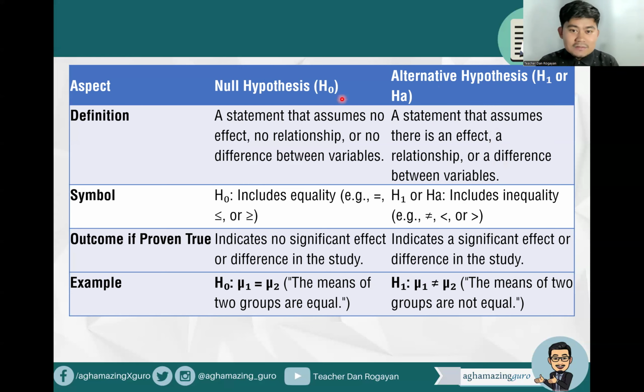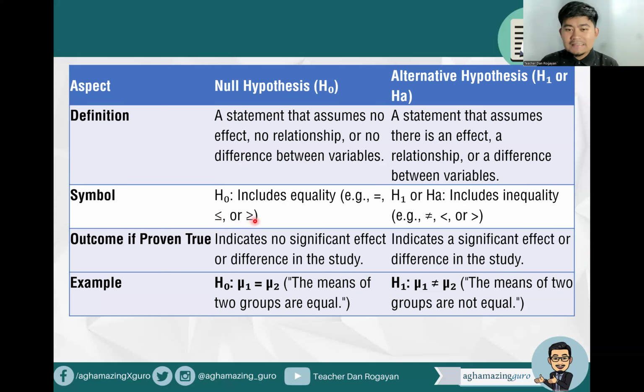Okay? So H sub 0 is the symbol for null, while H sub 1 or H sub A for alternative hypothesis. So it includes equality symbols here: is equal, is equal or lesser than, is equal or greater than. So mainly in the board exam, you can see the equal sign.